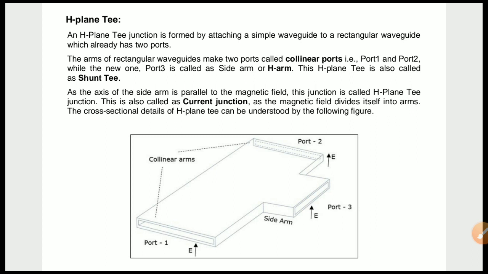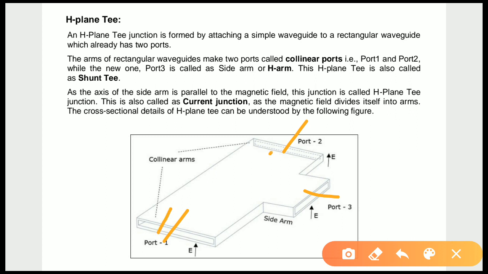So let's discuss the first type of T, that is the H plane T. Basically there is a 3-port device in this T. This type of waveguide has a 3-port device: port 1, port 2 and port 3. So the H plane T shows that there are a total of 3 ports. There are collinear arms, this one and this one are the collinear arms, and this is the side arm.